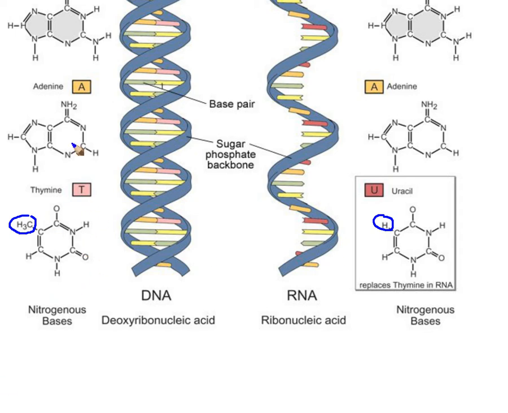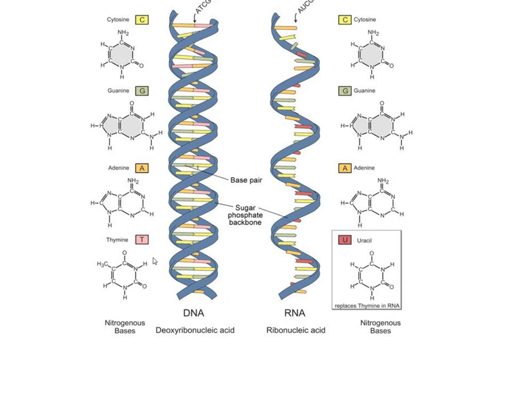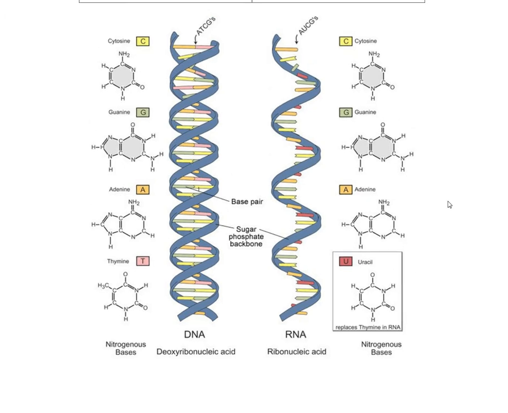So a T is kind of just like the mature, the final form of a U. Now, because RNA is just a temporary version of DNA, because it's a much more temporary version, they just run with the U's rather than adding that methyl group and turning it into a T. So biochemically, all T's actually start out as U's.